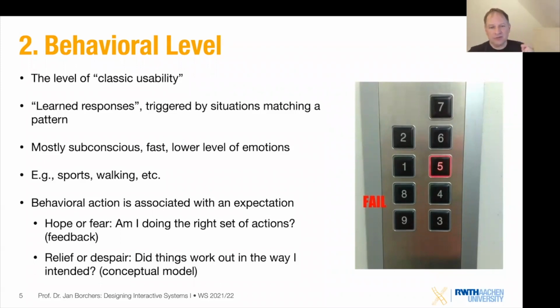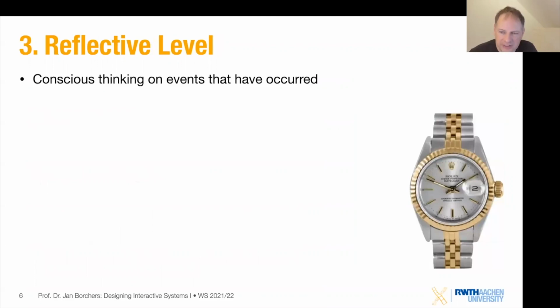All right, and then we have a third level. So this second one was the traditional usability level, if you want. And the third one is this reflective level. And that is something that occurs largely in retrospect. It's conscious thinking about events that have happened. So slow and deep thinking, as opposed to this fast, stimulus response kind of thinking.